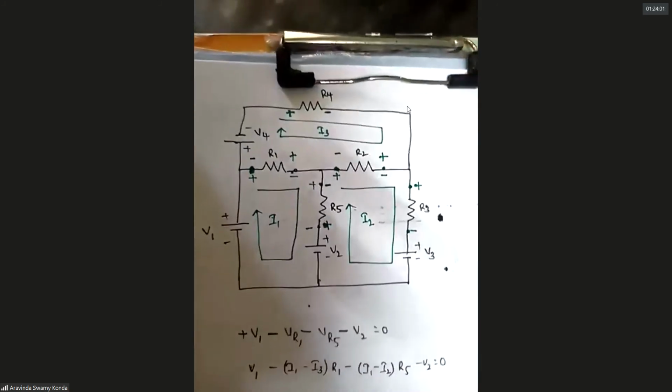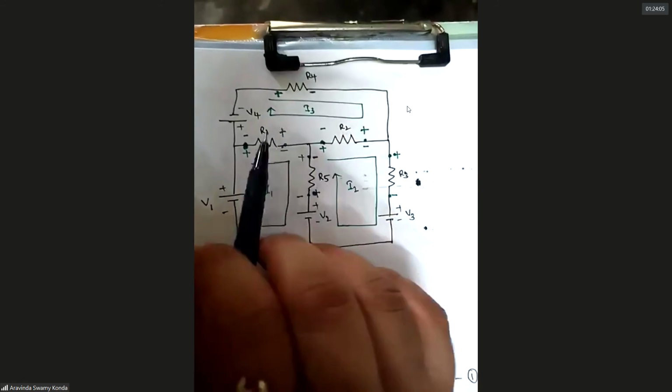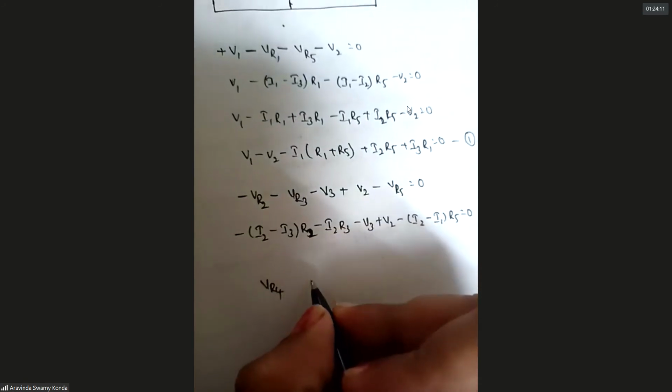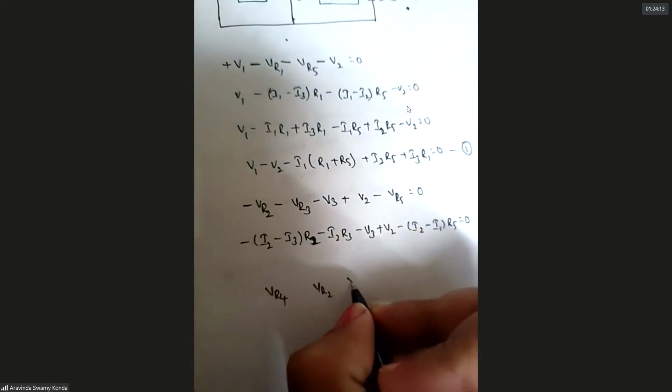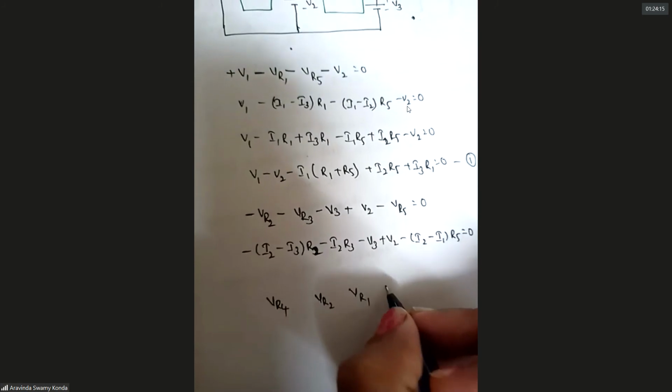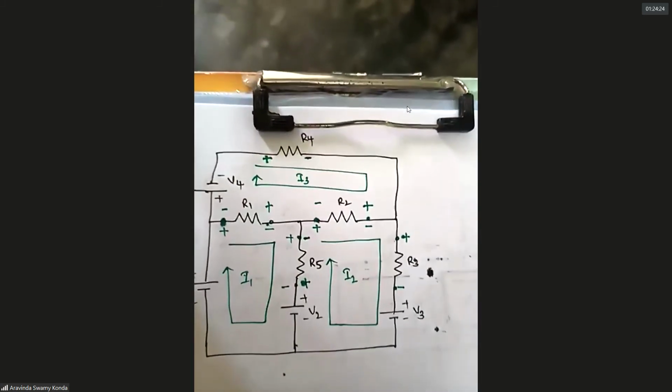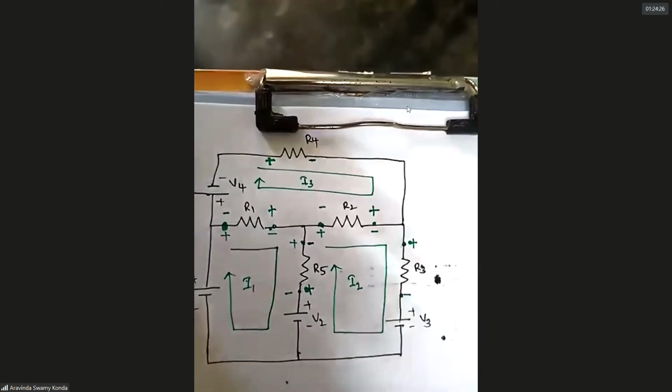Next for the last mesh, the third mesh. How many elements are there? R4, R2, R1, V4. Write that: VR4, VR2, VR1, V4 equal to 0. What is the sign of VR4? Plus to minus, so minus.